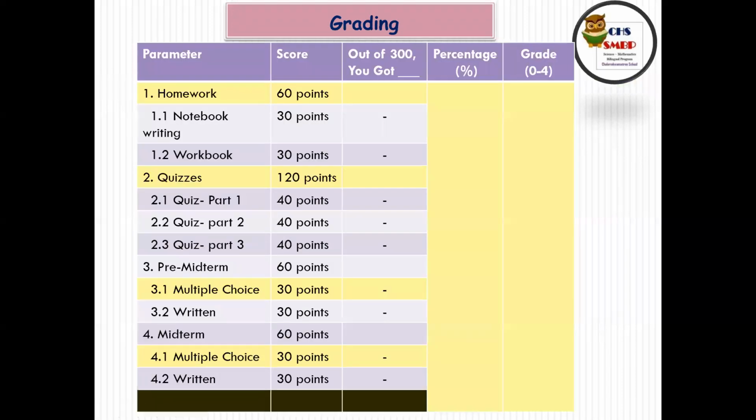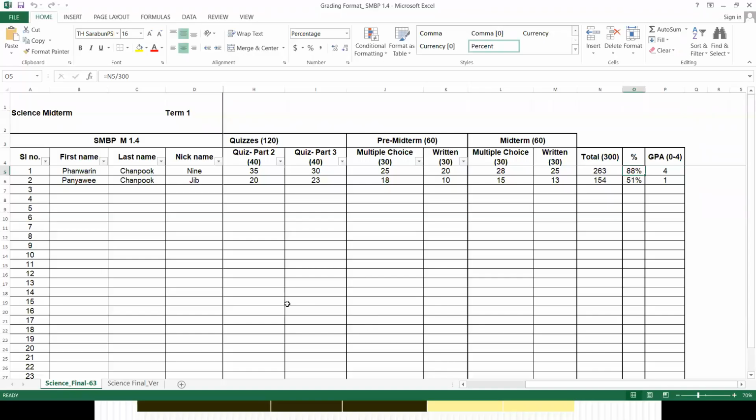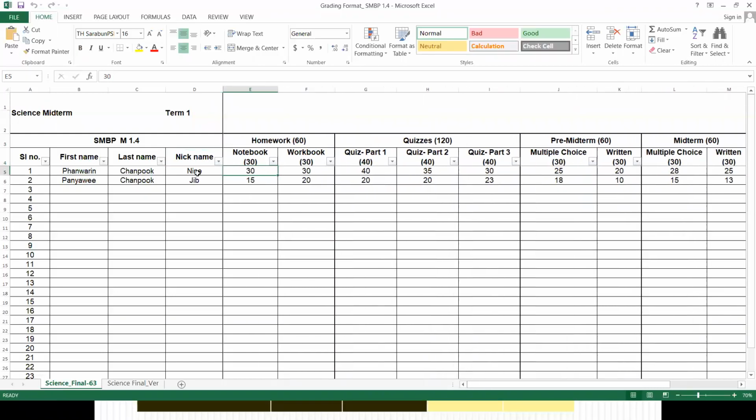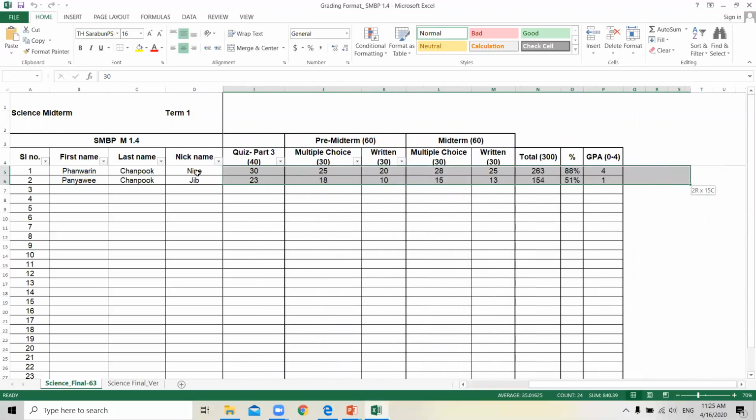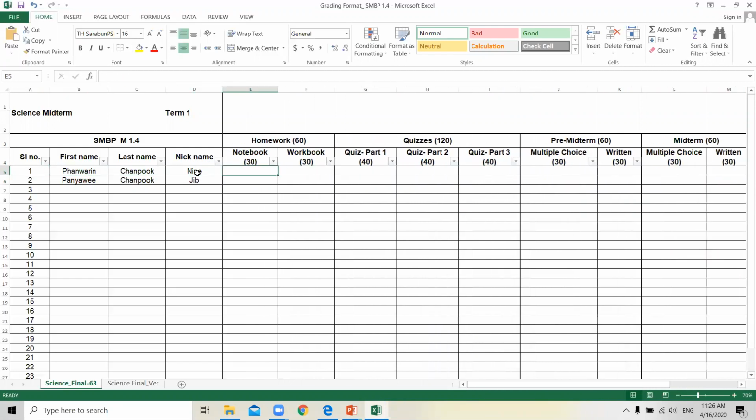And now I will show you the calculation of grading for our students. First of all, let me just clean these parts. Okay, now it's fine. So for the homework, I assigned 60 points, where you'll be given 30 points for notebook and 30 points for workbook.